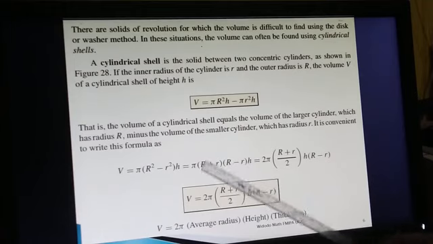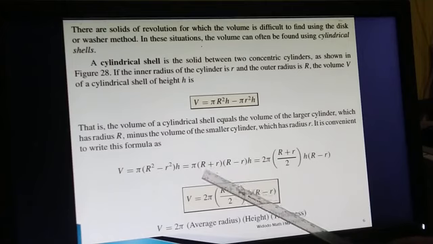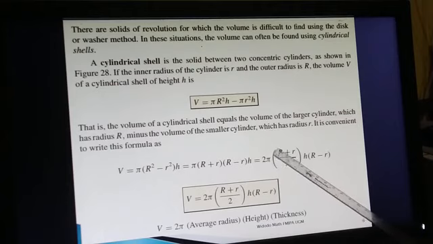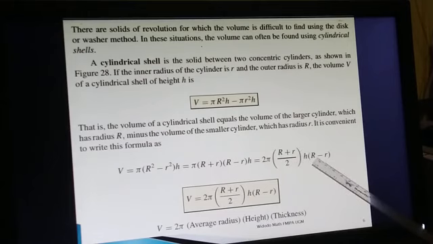But here R squared minus r squared is equal to (R plus r) times (R minus r). We can manipulate that R plus r is equal to (R plus r) divided by 2, times 2. So we have 2 pi times (R plus r) divided by 2, times h, times (R minus r).